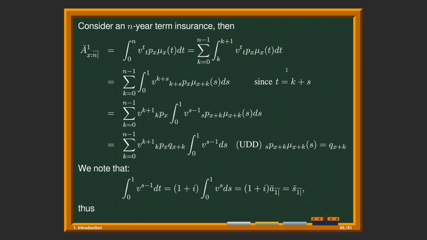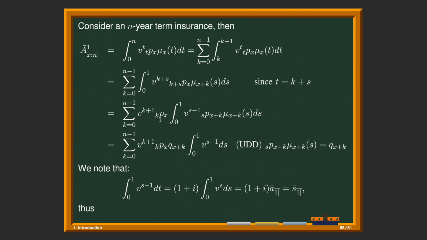So dt is replaced by ds, and then the v to the t is replaced by v to the k plus s, and the t is replaced by k plus s. This mu sub x plus k plus s can be written out this way. Okay? And then one trick is to rewrite k plus s px as a product of kpx with spx plus k. Okay, so that's what we're going to do.